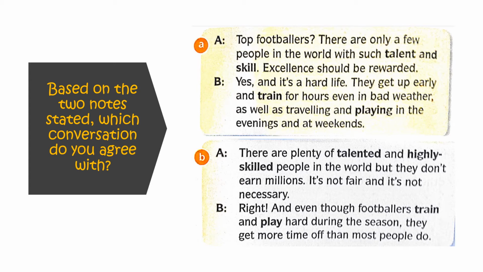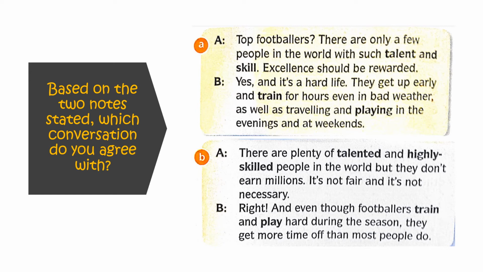Let's look at conversation A. Top footballers? There are only a few people in the world with such talent and skill. Excellence should be rewarded. Yes, it's a hard life. They get up early and train for hours even in bad weather, as well as traveling and playing in the evenings and at weekends.